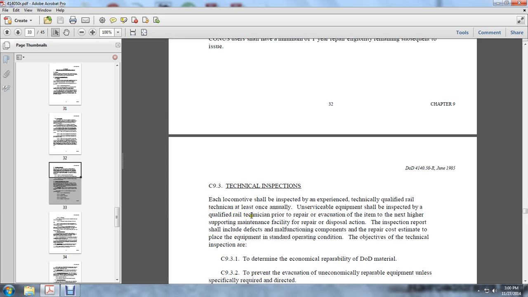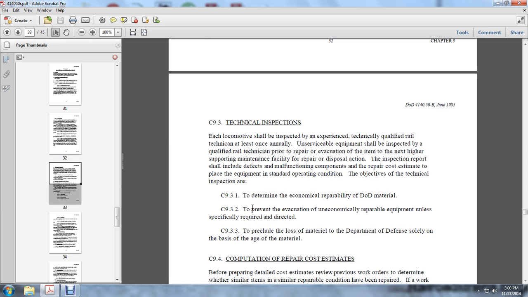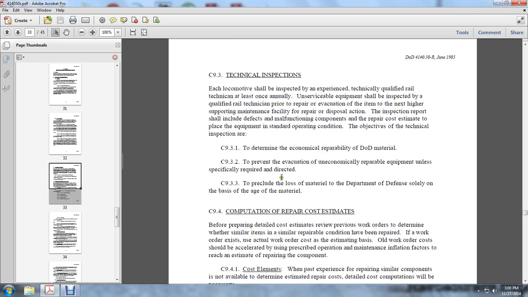The objectives of technical inspection are to determine the economical repairability of DoD materiel, to prevent evacuation of uneconomically repairable equipment unless expressly required, and to preclude the loss of materiel of the Department of Defense solely on the basis of the age of the materiel.